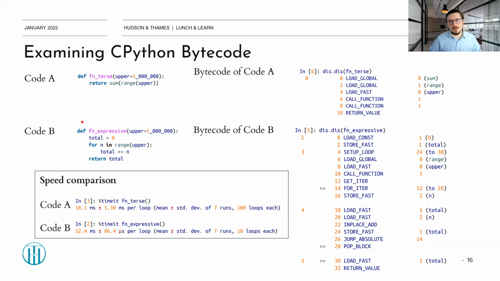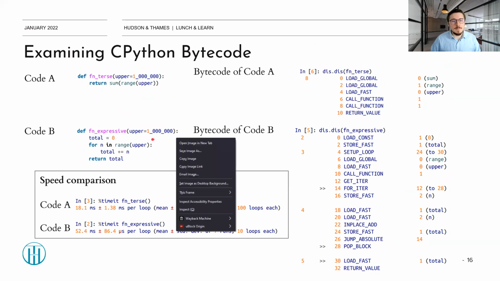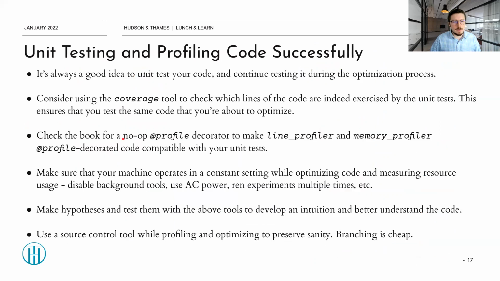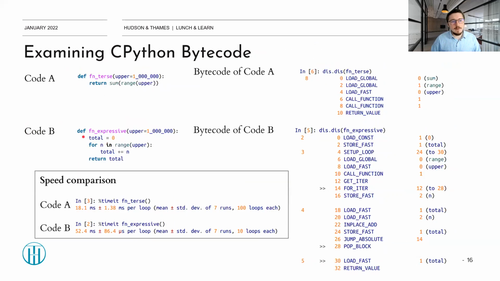A bit more C-like way would probably be to write the function with the same input parameter. Then you would have the total variable, and you would iterate over the range, and on each iteration you would be adding a value to the total, and then you would output this total value. The logic of what we're doing is the same, but the way it's done is very different.